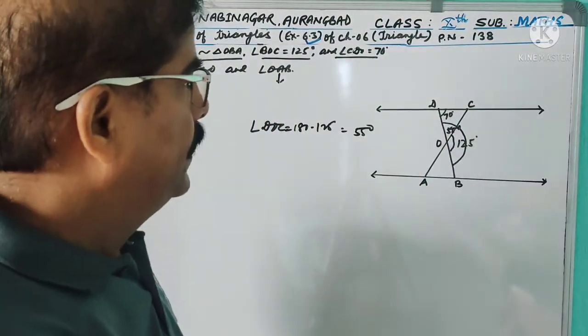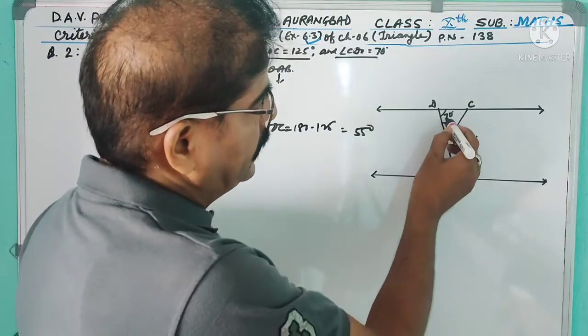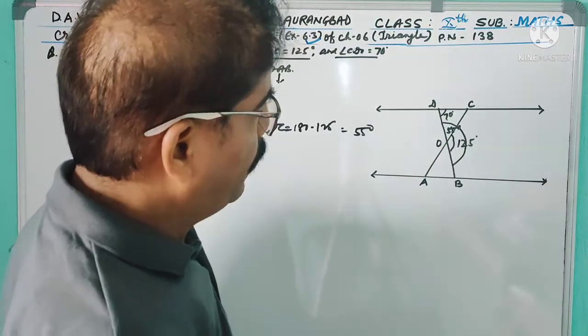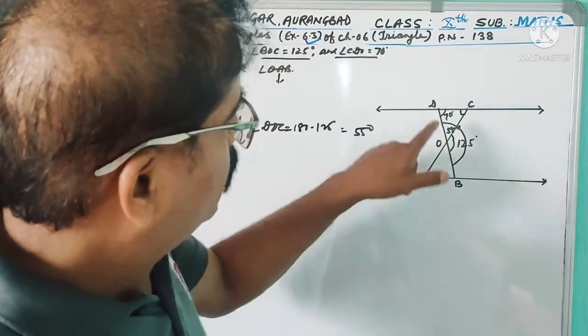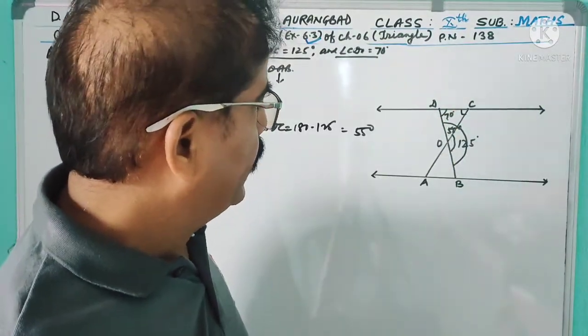And in triangle DOC, D is 70 degrees, O is 55 degrees, then C equal to what? We know by the angle sum property that the sum of three angles is equal to 180 degrees.